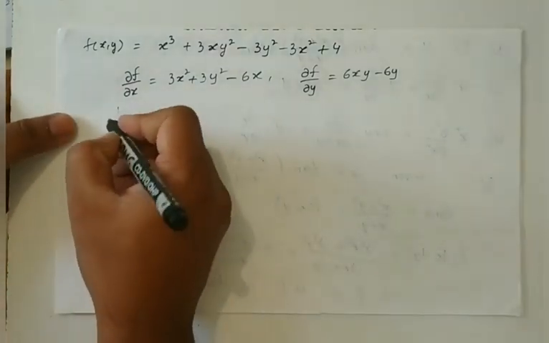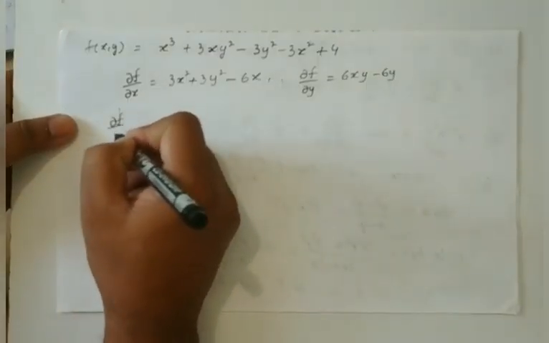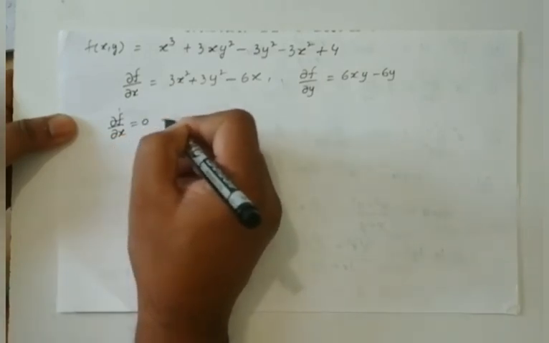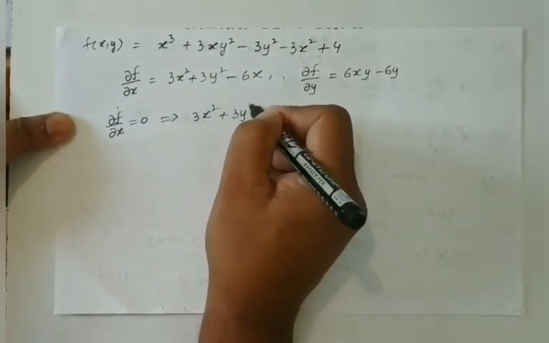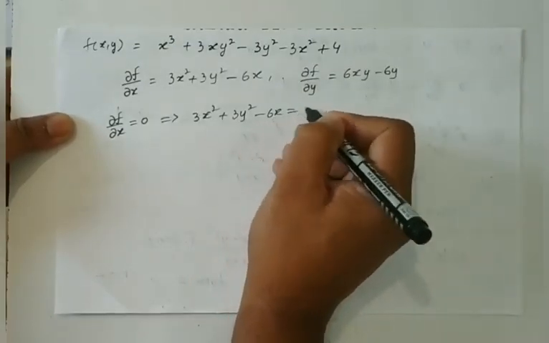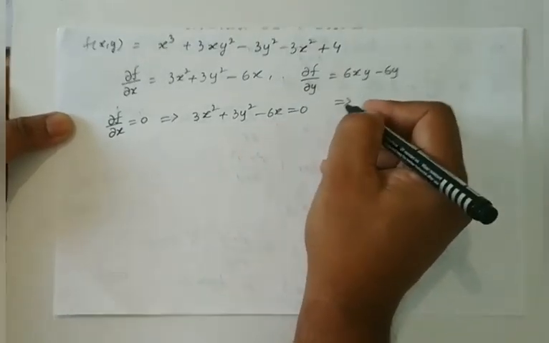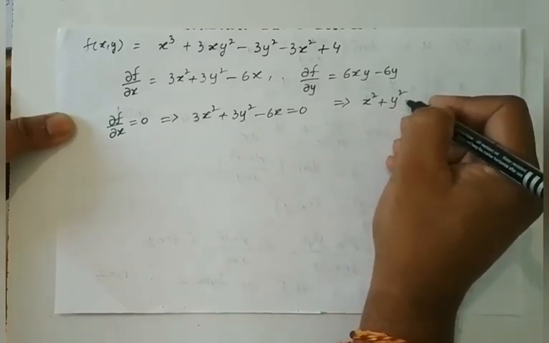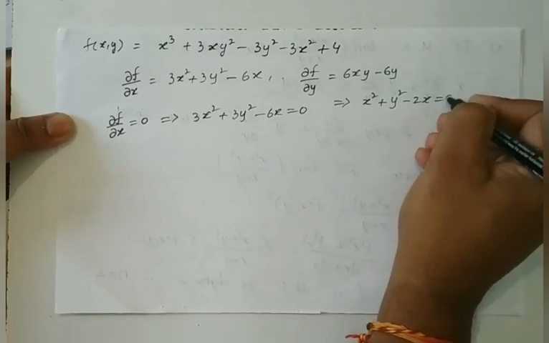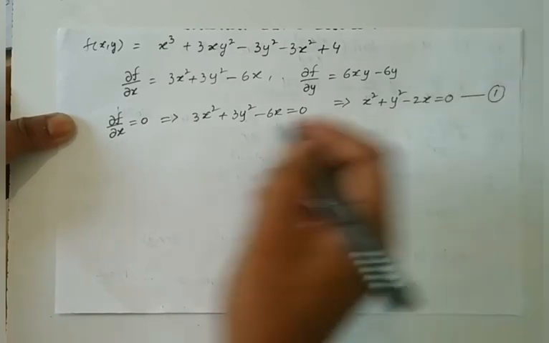Second step, take dou f by dou x is equal to 0. That means 3x square plus 3y square minus 6x is equal to 0. That means x square plus y square minus 2x is equal to 0. Let us name this as equation 1.